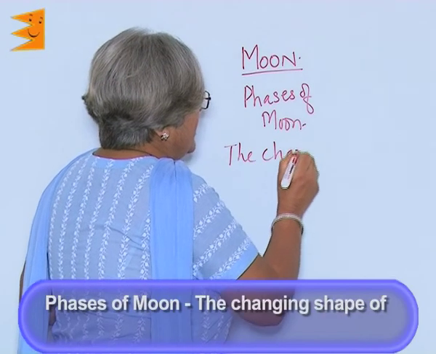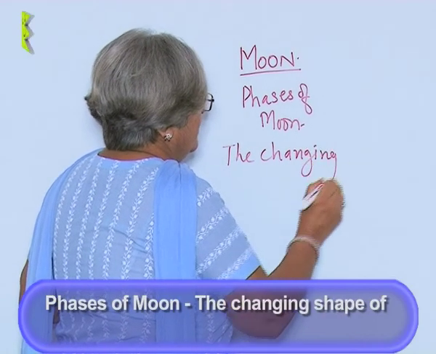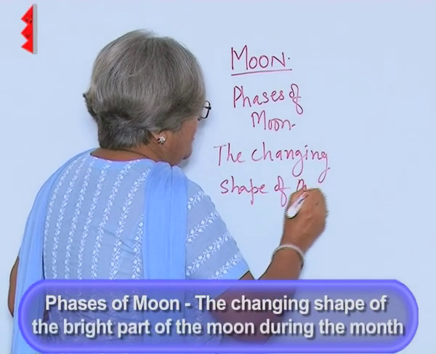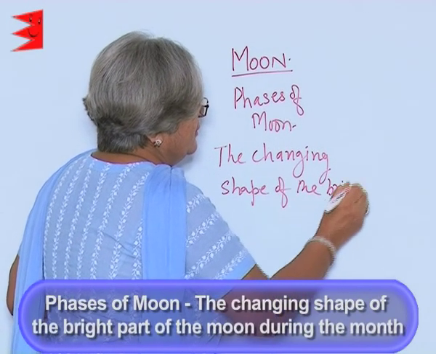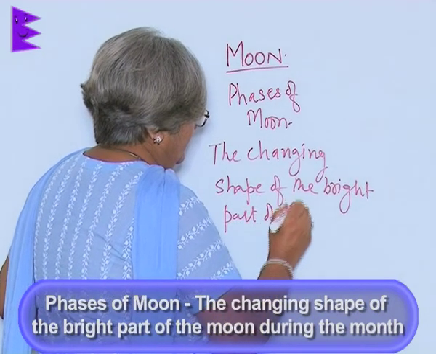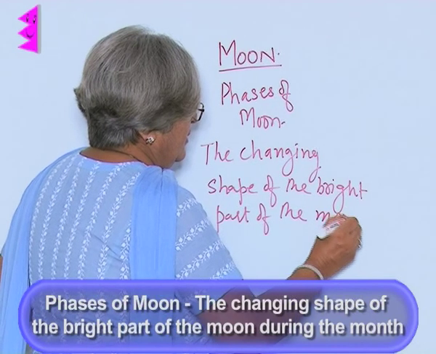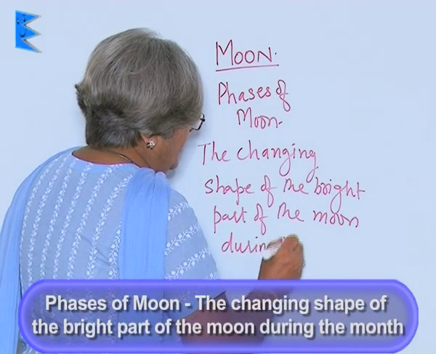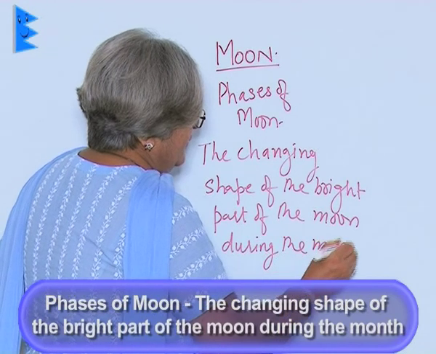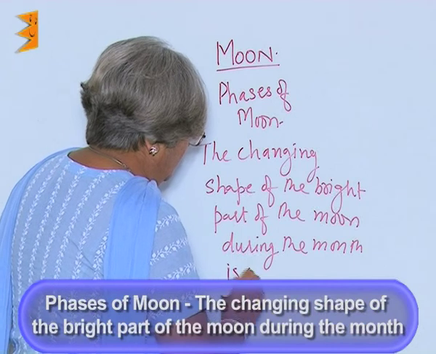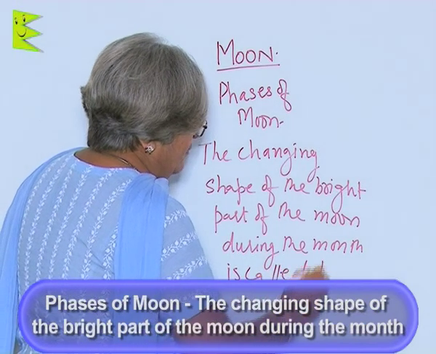The changing shape of the bright part of the moon during the month is called phases of moon.